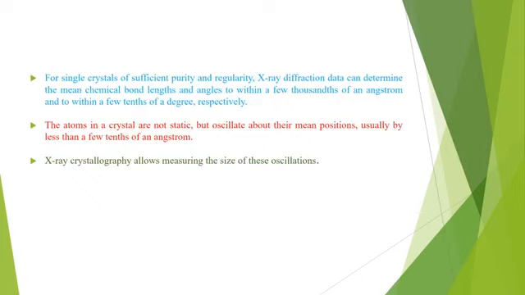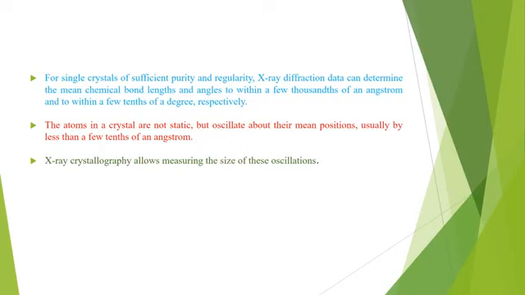Dear student, in this slide, we are going to tell you that if a single crystal is of sufficient purity and regularity, then X-ray diffraction data can determine the mean chemical bond lengths and angles. And these chemical bond lengths are between the atoms.